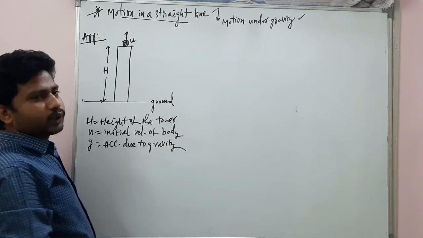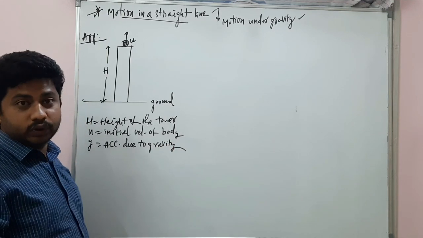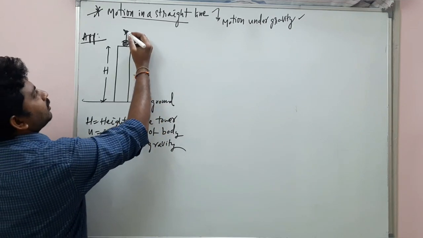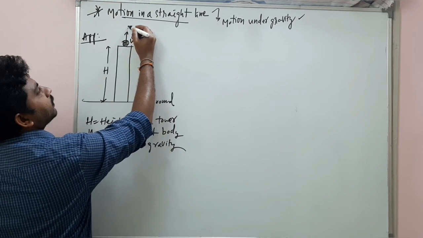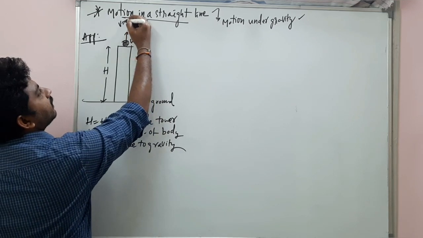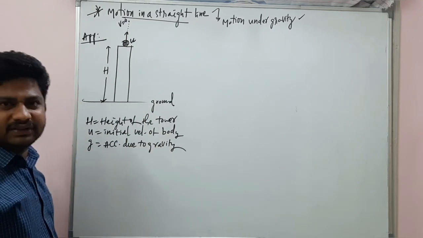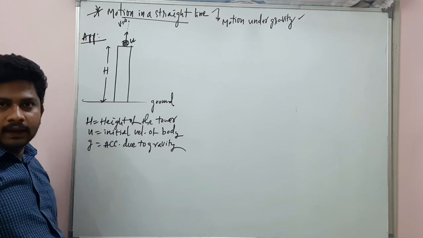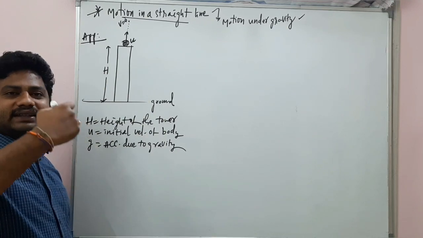In this vertically projected body case, you are very well aware about what happens. The body will go up, and at this particular point, the final velocity of the body will be 0. That point is called the maximum height. The body will not stay at that position.